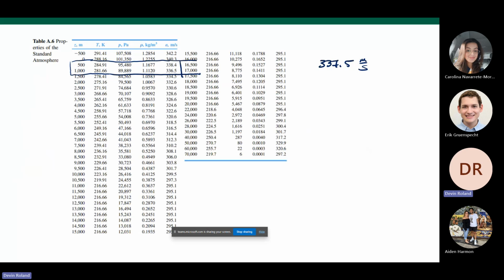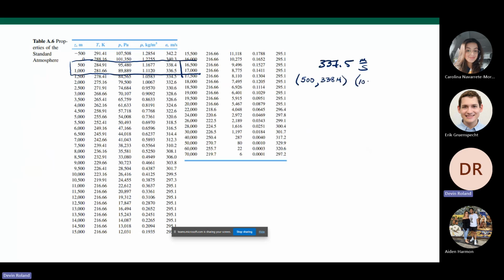So what we need to do here is a linear interpolation. The way that I do it is I start by denoting what our 3 points are. We have 500 meters of altitude, and that corresponds to 338.4.